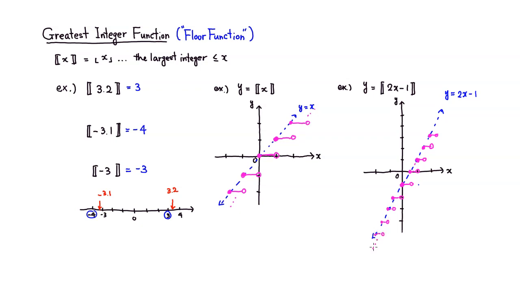The pattern keeps on happening. All the fractional values are going to be truncated to a lower integer value. So the graph of these looks like a step function. Sometimes these are called step functions. So that was the greatest integer function. I hope that this was clear.